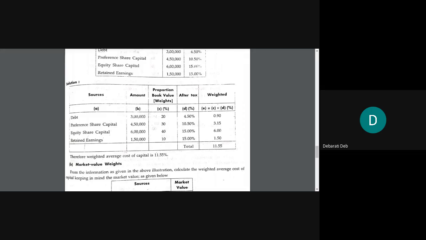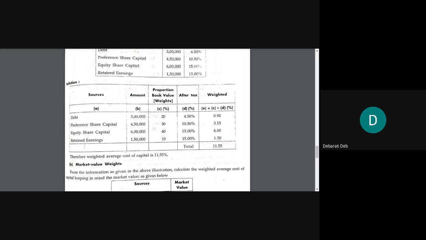Follow this process in order to avoid mistakes. First, you take only the point figures, then you multiply, check whatever it is, then you multiply it again with 100 and write in the fifth column. Similarly, the second one will be 0.30 into 0.1050. That is, we are getting 0.0315.